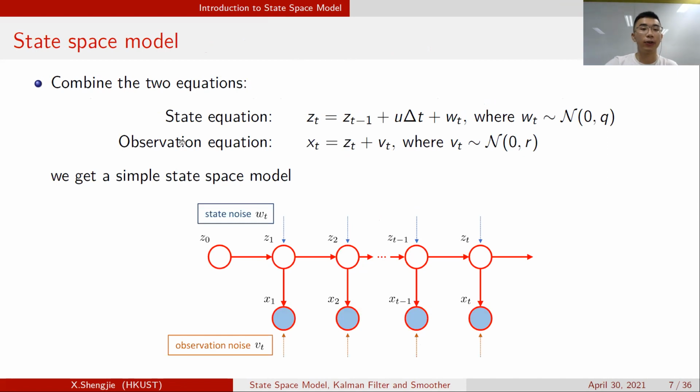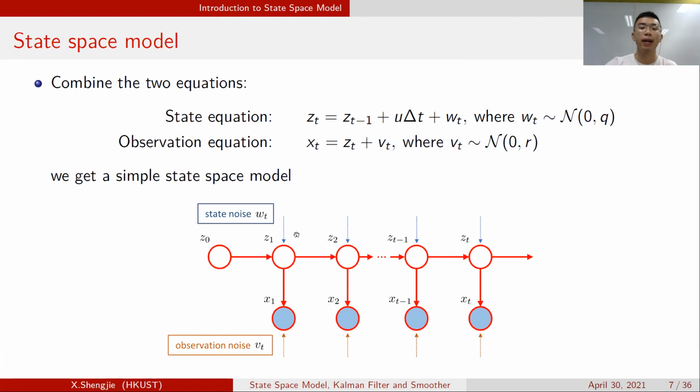Let's continue. In the previous example, we wrote up 2 equations, which are called the state equation and the observation equation. And we put them together. As you can see, it's a really elegant form. We can also draw it out like this graph. As you can see, the state, which is the hidden location or the real location of the car, in fact follows a chain.